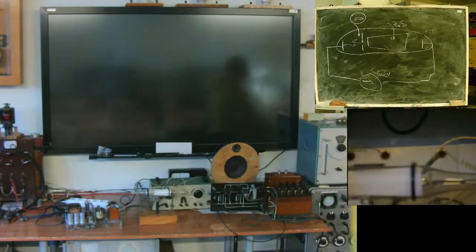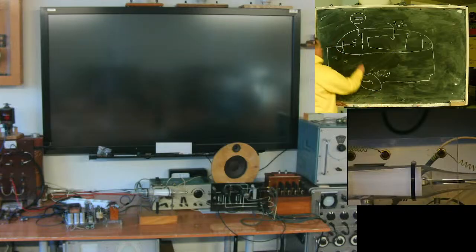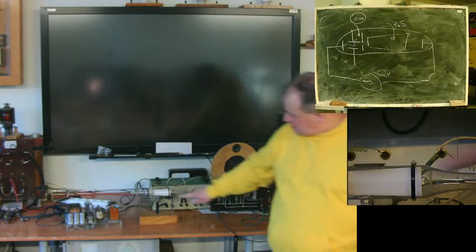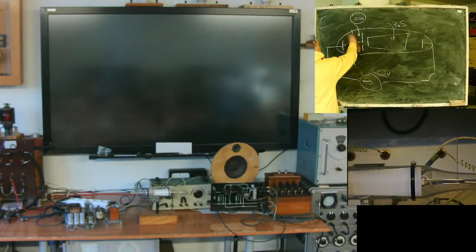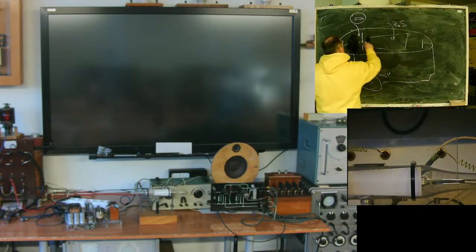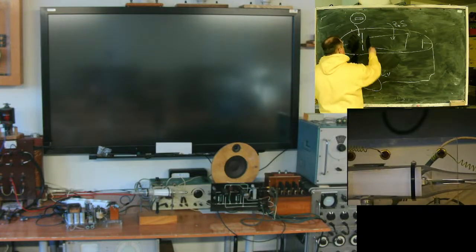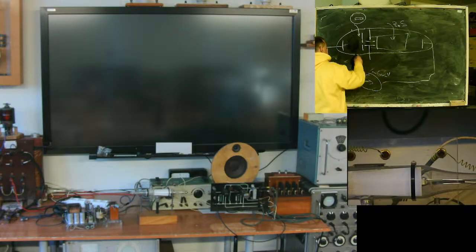Now more. Crookes equipped his vessel with two, here they are, a pair of electrodes, a pair of discs.